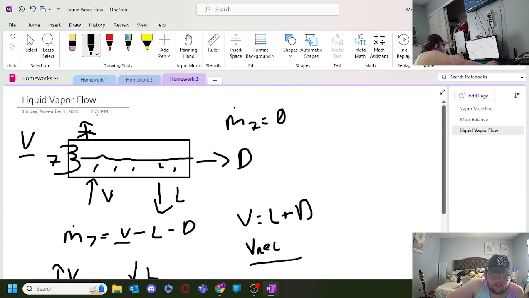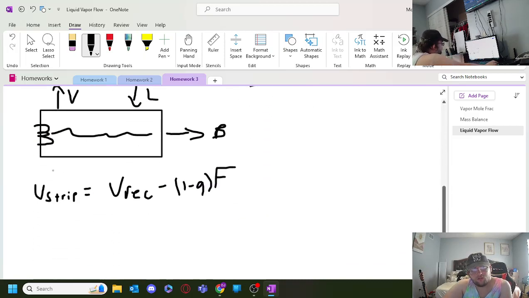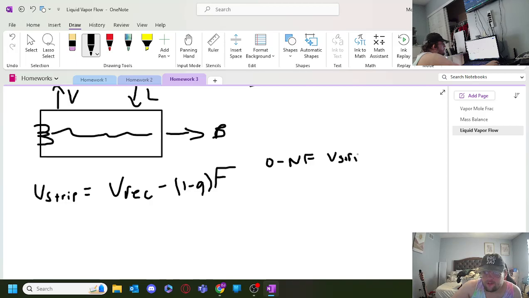So now that we got that, we got all of our vapor flow rates. So for stages 0 through NF minus 1, I should say, that's going to be V strip.